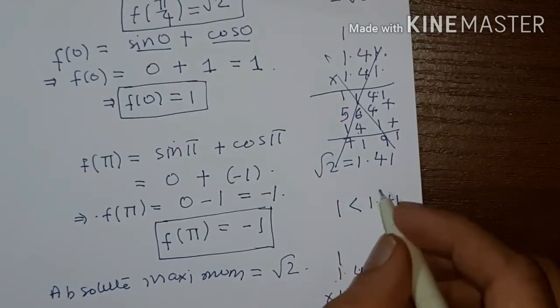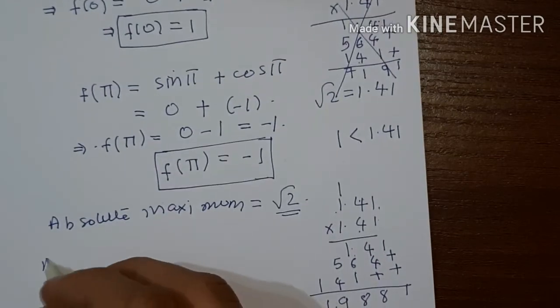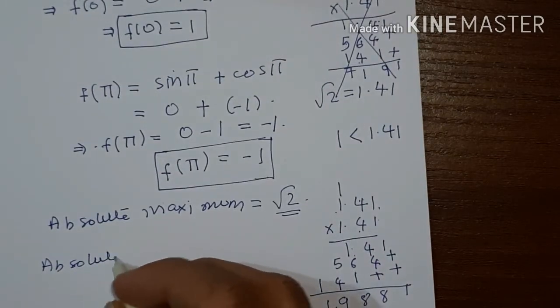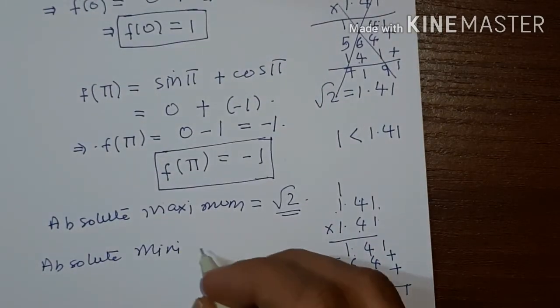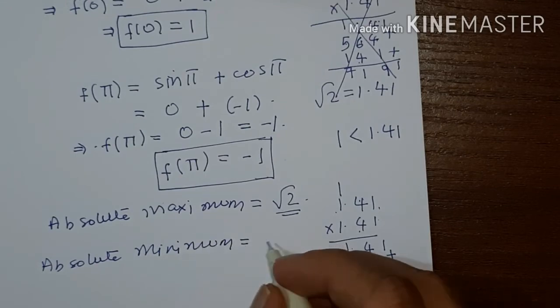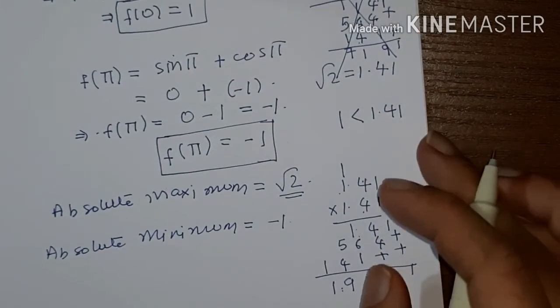So this is the absolute maximum, and absolute minimum is what? Absolute minimum is minus 1, right? Okay, that was the solution of the second problem.